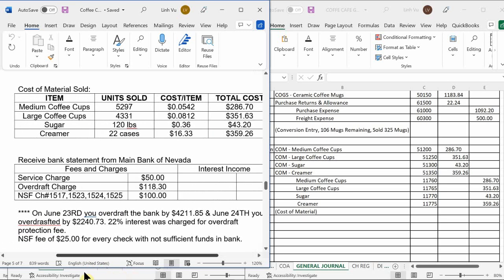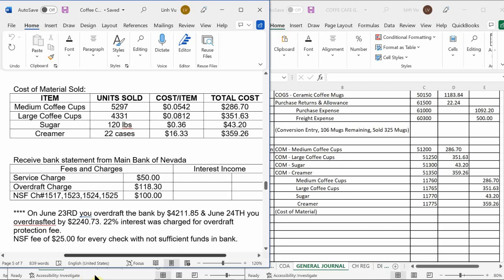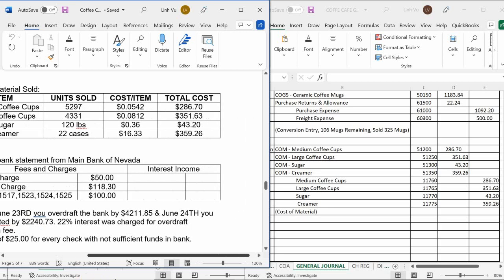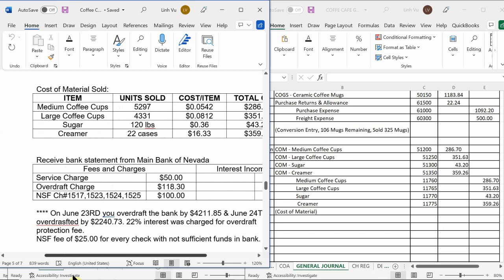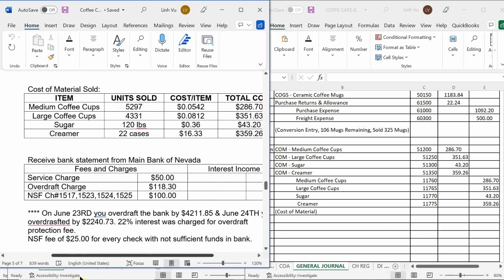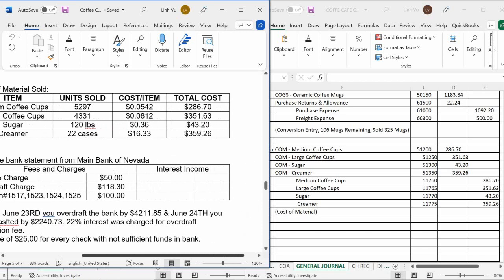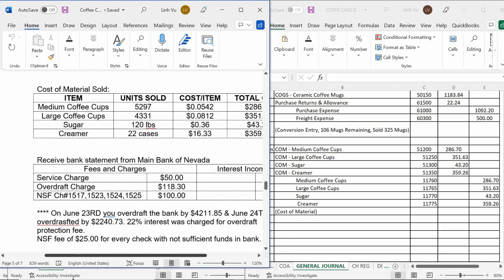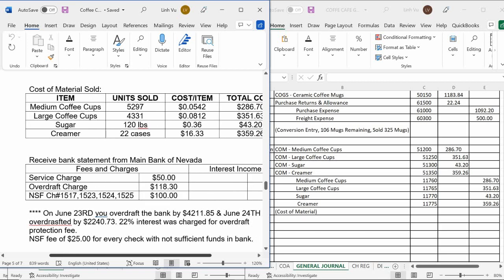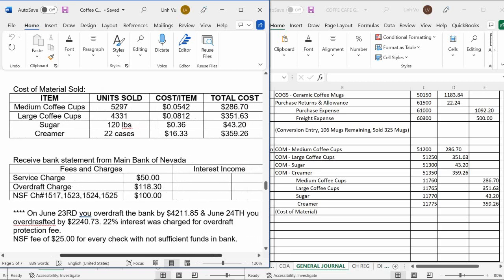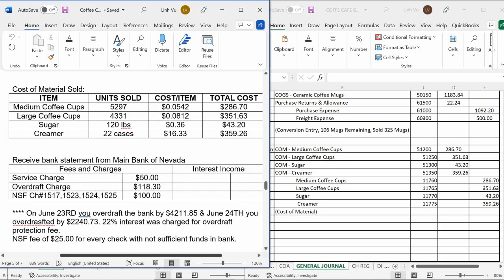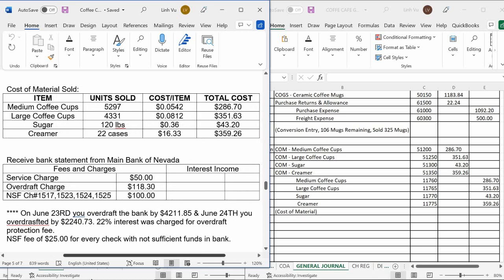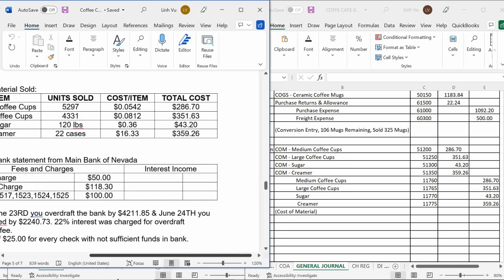You end up having service charges of $50, overdraft charges of $118.30, and NSF checks. Each check is $25, so you racked up a total of $100 worth of NSF checks.